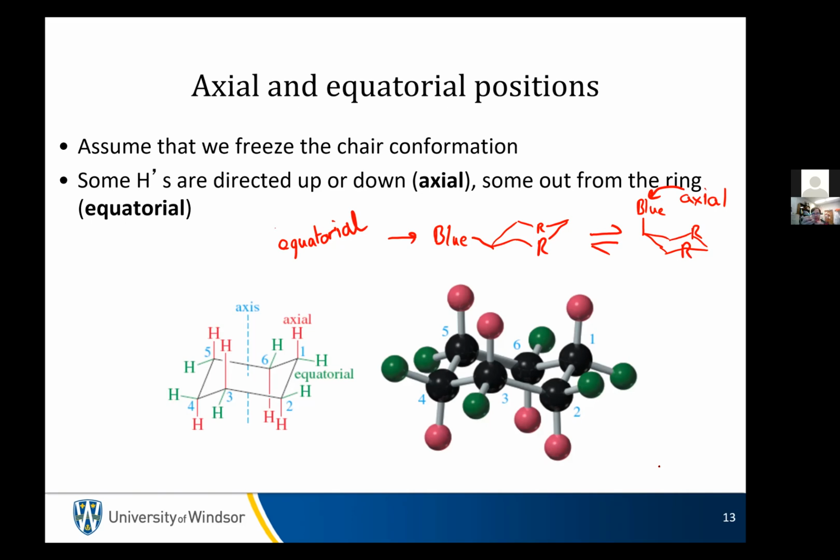And even if this one's not here, its electron clouds are a little too close to the hydrogen here and the hydrogen on here. So the axial group is interacting with the axial group that's two carbons over, because they're close together.